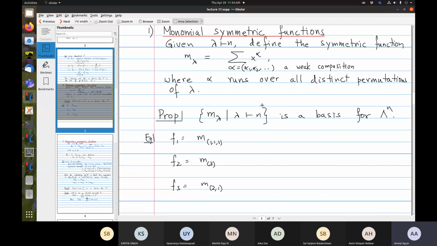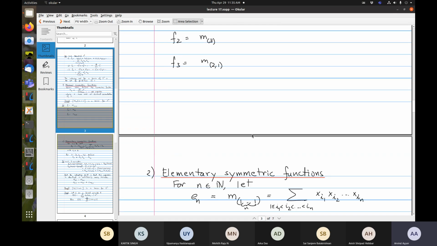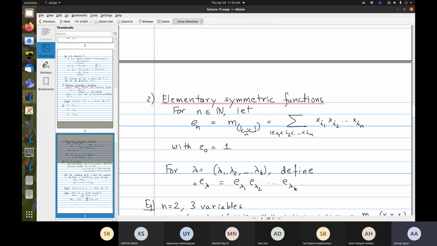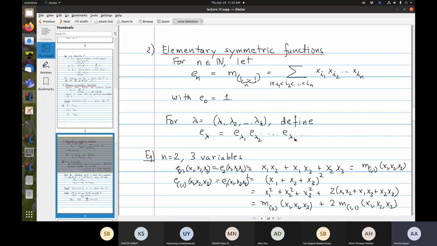I should have said that Lambda^n is the notation for symmetric functions of degree n, and the dimension of that vector space is the number of partitions of n. So they are naturally indexed by partitions. The monomial symmetric functions are naturally indexed by partitions, and for the elementary symmetric functions, you take products over the parts of the partition.